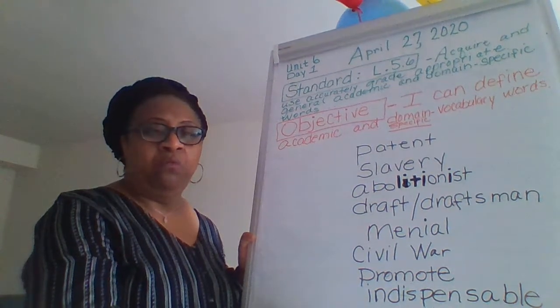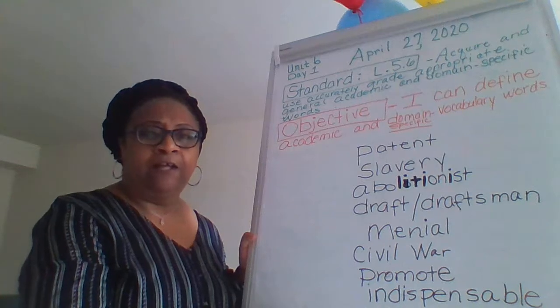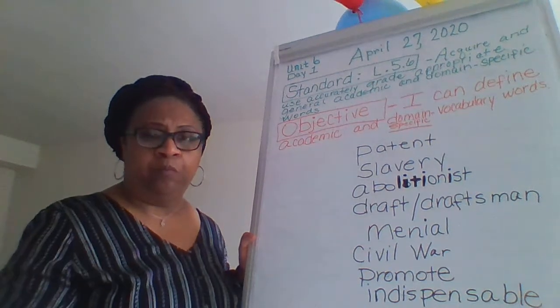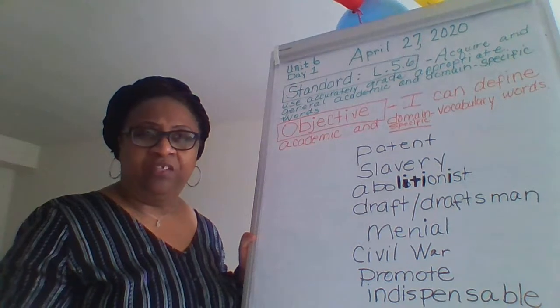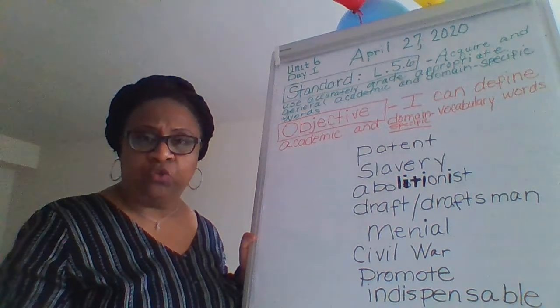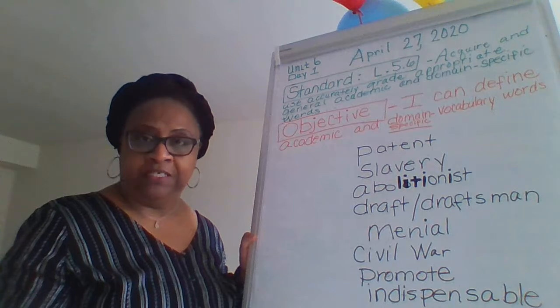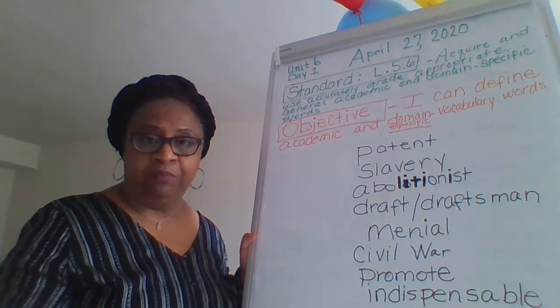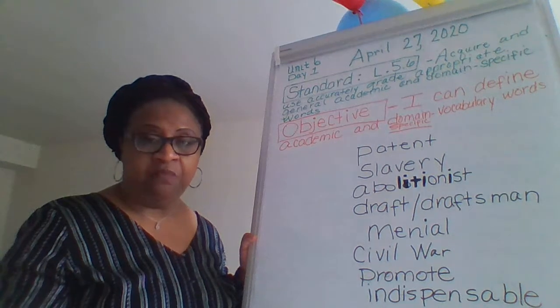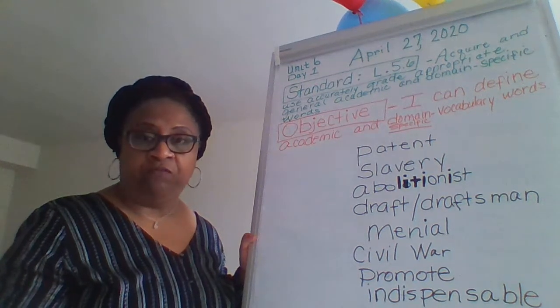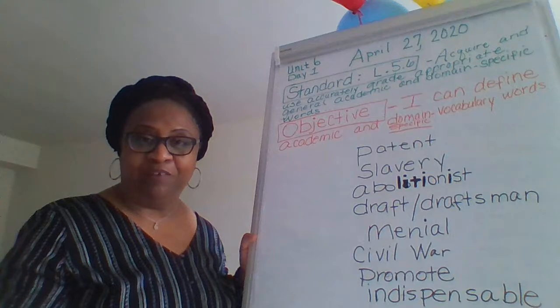Activity 2, we will get a little more involved with not only the definition of the words, but we'll talk about some of the characteristics, give some examples of what the word means, and also give some non-examples. So in activity 2, we'll be working with our Frayer vocabulary chart.